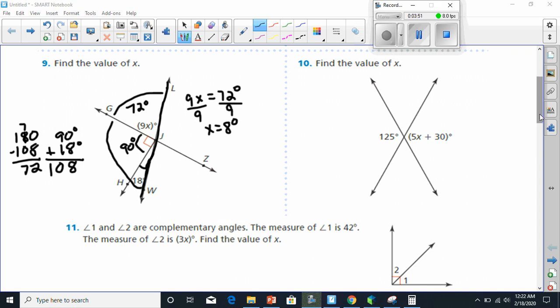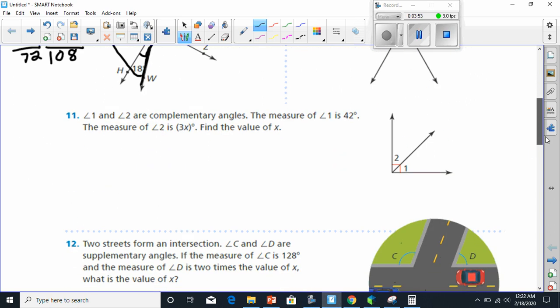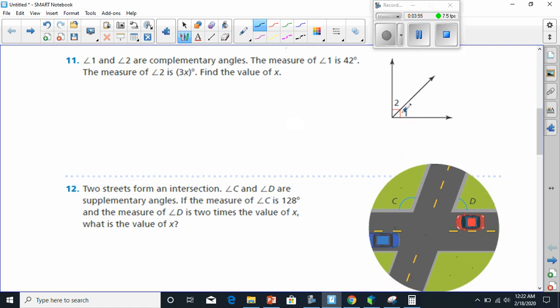Let's move down now to number 11. Number 11 says angle 1 and angle 2 are complementary angles, which means these angles will equal 90 degrees. The measure of 1 is 42, so this is 42.